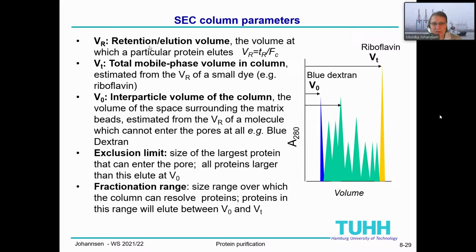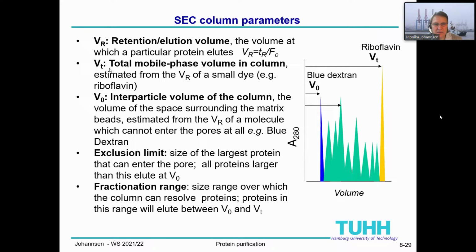So we have the retention or elution volume of the protein, which is the volume at which the particular protein elutes. We can transfer the retention volume to the retention time by dividing the volume by the column flow rate.